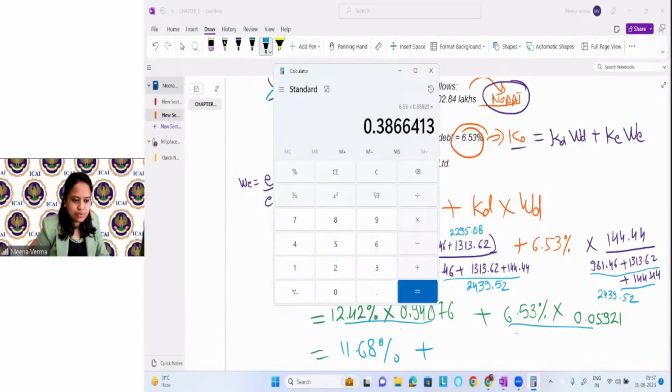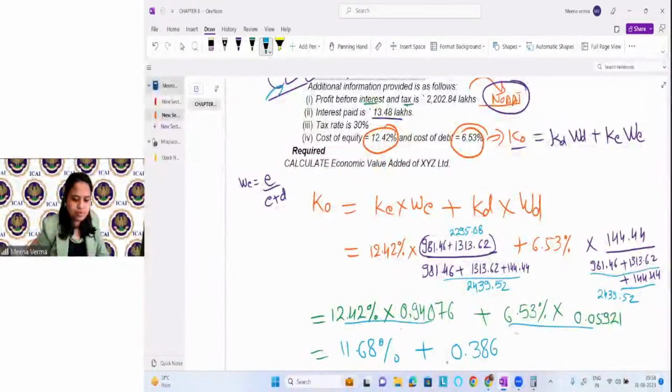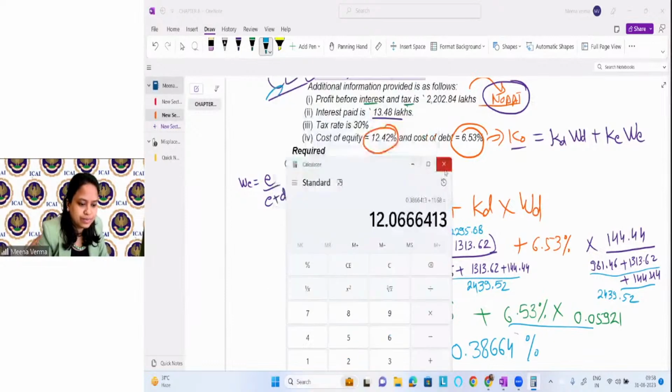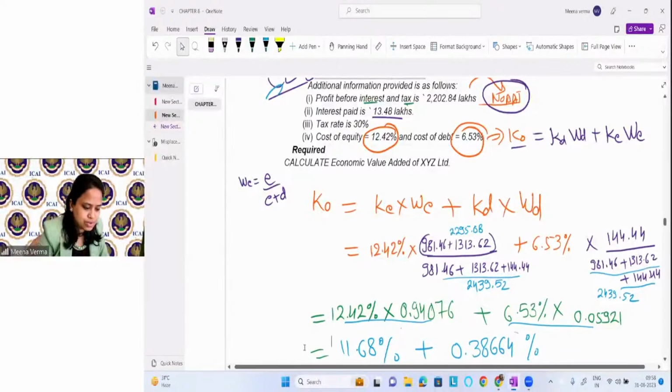This will give you 0.38, right? This is what I'm getting. Now add it with 11.68. That gives 12.07%. Yes, we got it. If I just add these two values, I'll get 12.07%.